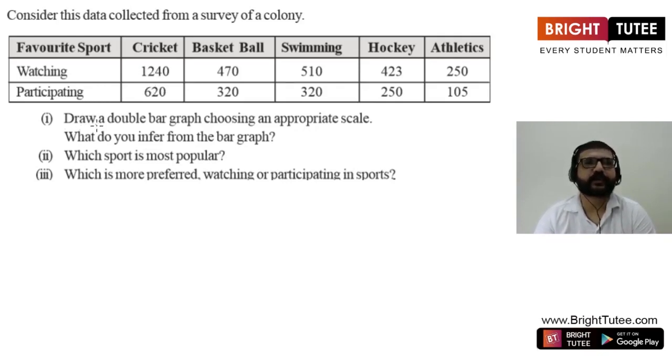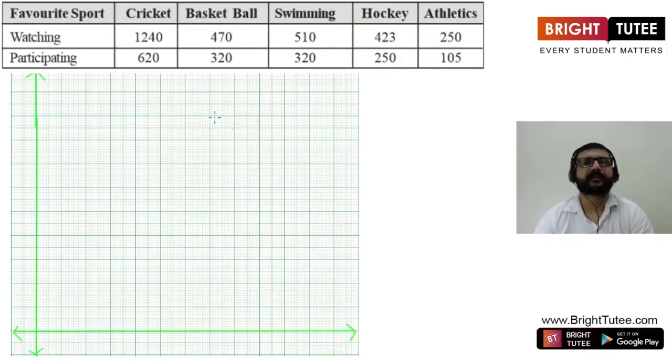So we have to draw a double bar graph choosing an appropriate scale. Then we have to tell which sport is most popular, and which is more preferred, watching or participating in sport. Now let's draw the bar graph for the given data first.